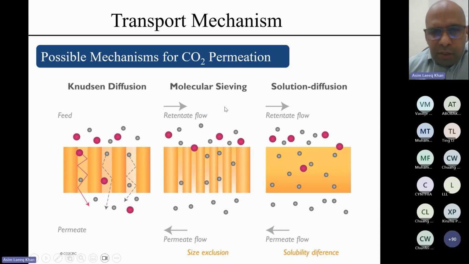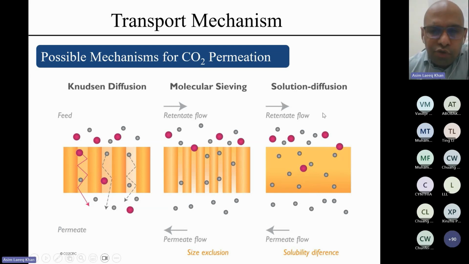It can be molecular sieving, where the pore size is in between the size of the different molecules that are permeating through, so we get a sieving at a molecular level. But the most dominant mechanism for CO2 capturing membrane is solution diffusion.